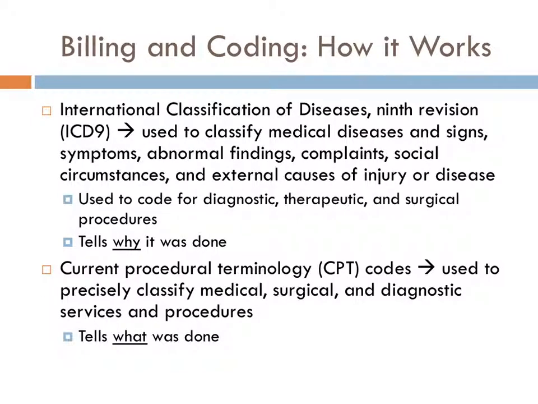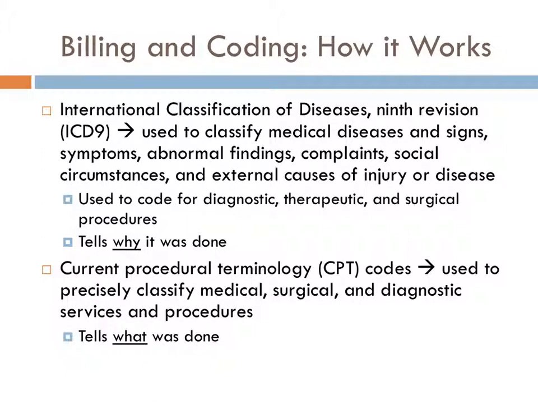You've heard the term ICD-9 before when it comes to billing and coding. This is the International Classification of Diseases, the 9th revision. It is used to classify medical diseases in signs, symptoms, abnormal findings, complaints, social circumstances, and external causes of injury or disease.